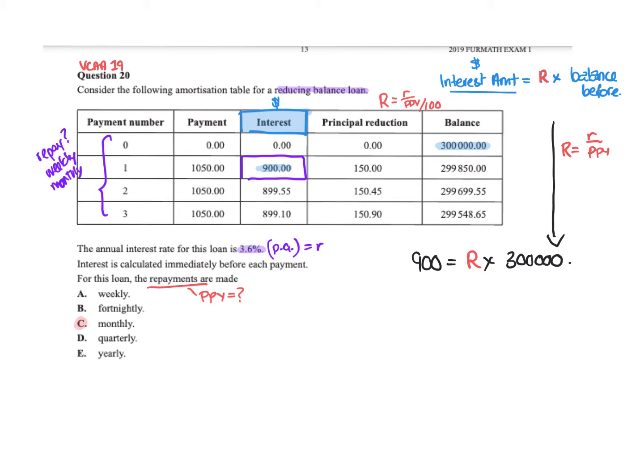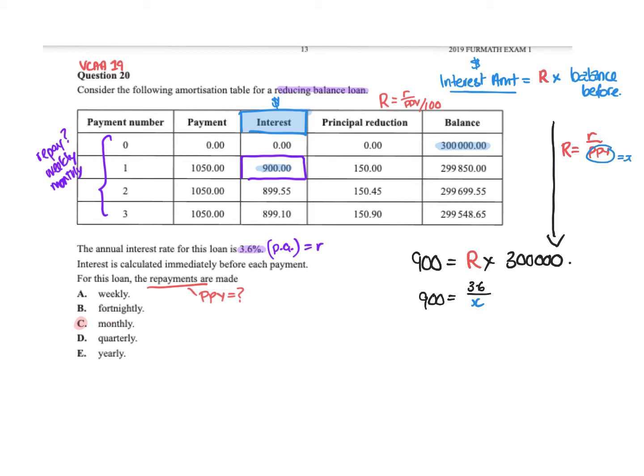So if I pop that in here, I do 900 equals, now the R is always the rate per annum, so it's 3.6. Now I'm going to just let this PPY equal X on my calculator.